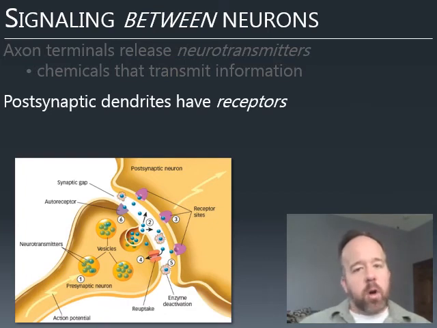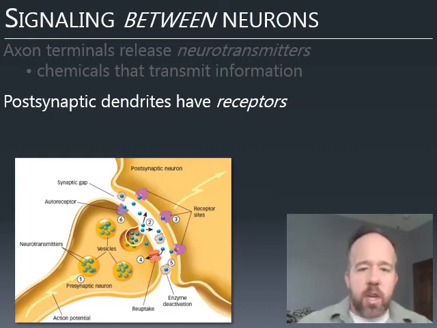Now this is sort of a more close-up view of that diagram we had earlier at the synapse. And so we can see the vesicles, these little circles or sacs, within the presynaptic neuron that hold on to neurotransmitter until an action potential comes along and causes it to be released. When neurotransmitters are released, they're released into that synaptic cleft. Your book calls it a synaptic gap.